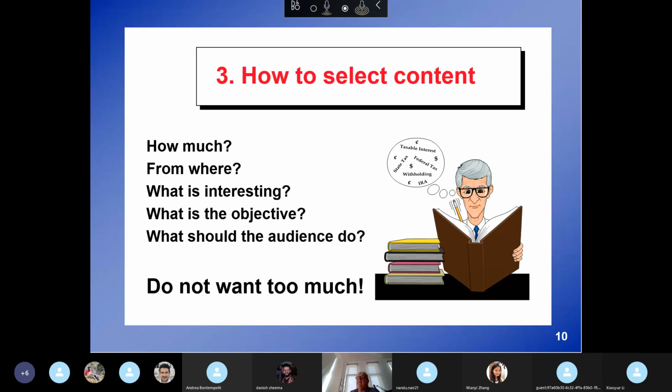So this is when you give the presentation, but then how to select content? There are different slide modalities. For instance, you can prepare slides as documentation. If you prepare slides as documentation, then usually you write slides which are very thick with a lot of text.